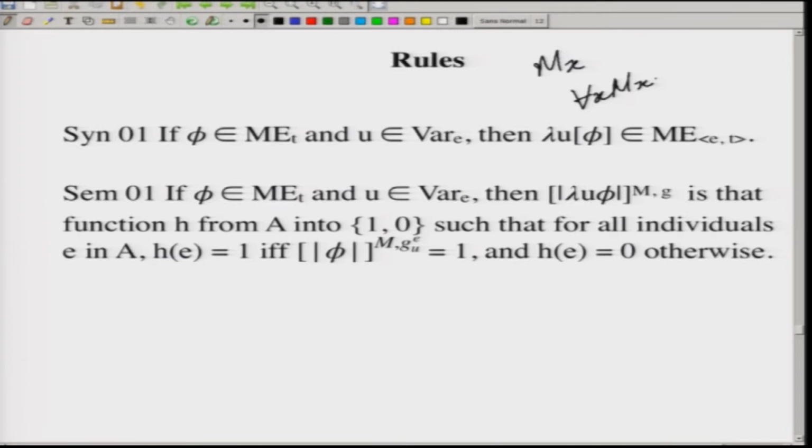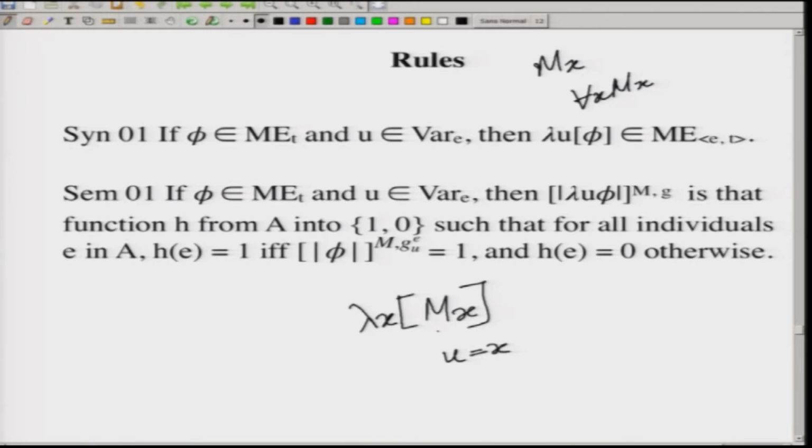So, once again we see the type. For example, let phi be mx as we said. So, let u be x in this case. What is the construction? Then it is a variable of type E, of course, because m is e to t, so x has to be e. So, lambda x mx, what kind of a thing is it? This has the type e to t.